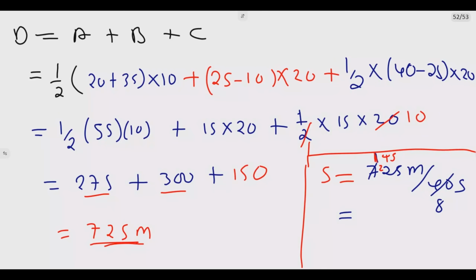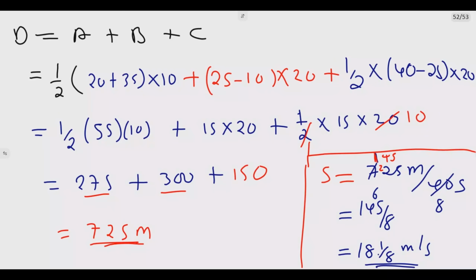So this tells me that I'm going to have 145 divided by 8, which I can divide further. So it will be 8 into 14 is a 1, remainder 6. 8 into 65 is going to give me 8, remainder 1. 1 over 8, so it will be 18 and 1 over 8 meters per second, like that.